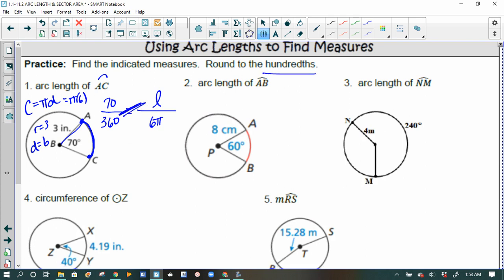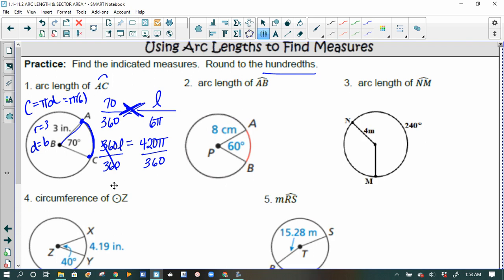So you cross multiply 360 times L, and then cross multiply this way. So 70 times, and I'm just going to multiply by 6. So that would be 420 pi, and then divide by 360. I'm not using 3.14 right now. I'm just leaving the symbol there till I'm done.